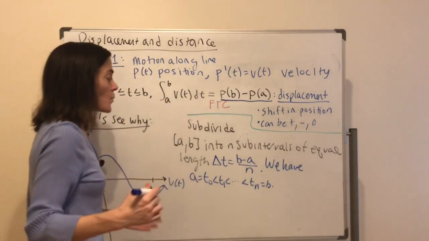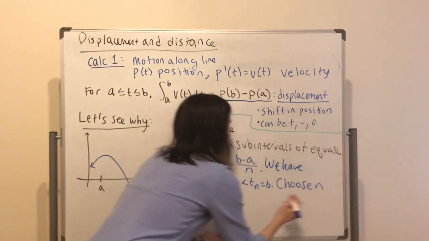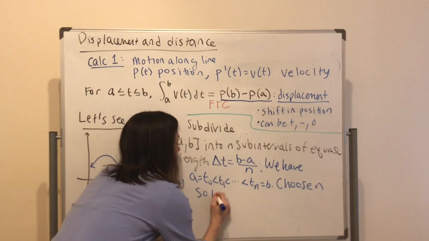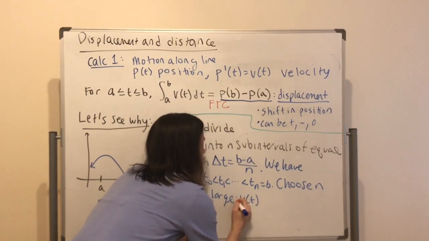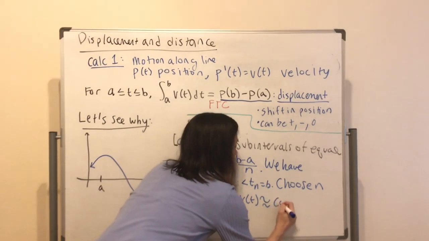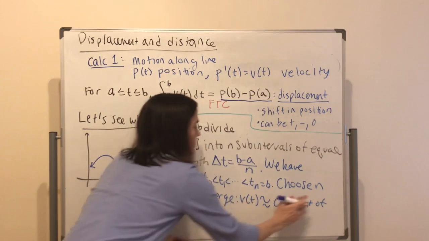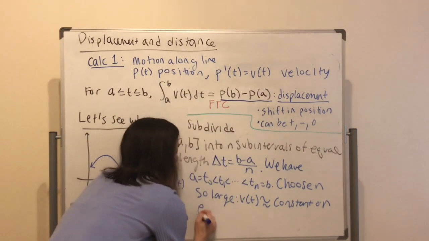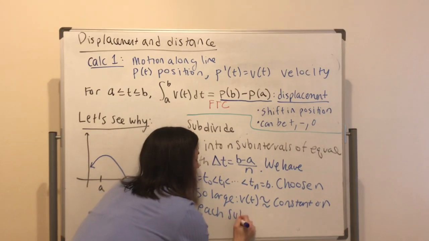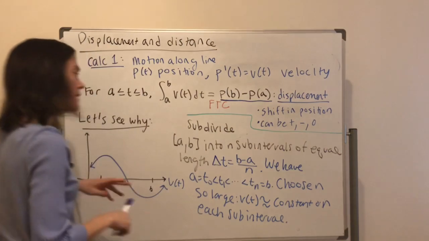And for example, we can choose n so large that the velocity is approximately constant on each subinterval.